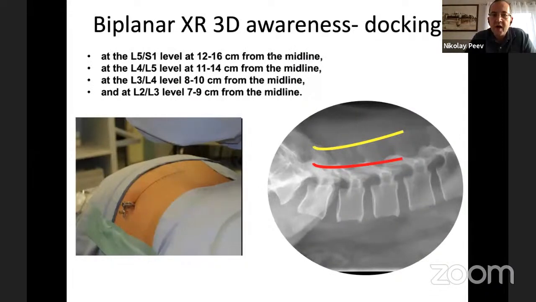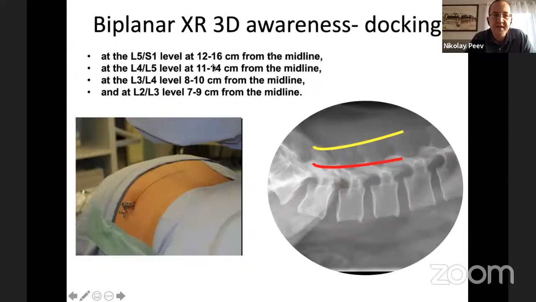As you know, if you have attended different courses, you've been taught that the offset of the starting point of your instrument varies as you go up from L5S1 towards the upper lumbar levels.